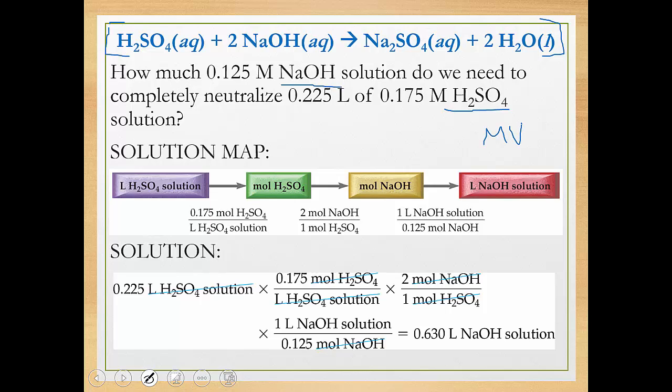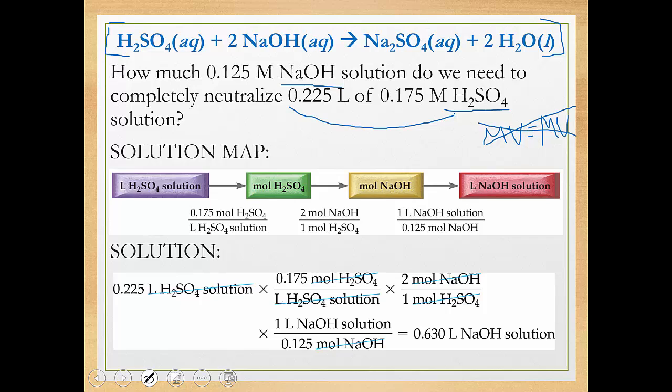I cannot do it as a dilution. It does not work. I have to use stoichiometry in this case. So I'm going to start with what I know about the sulfuric acid, because I have two pieces of the puzzle there. What I'm trying to figure out is how much of that 0.125 molar sodium hydroxide solution I need.